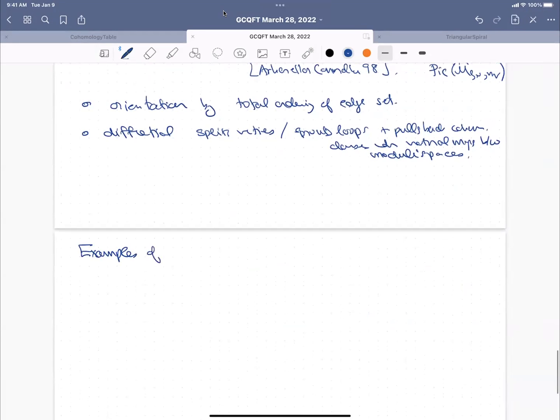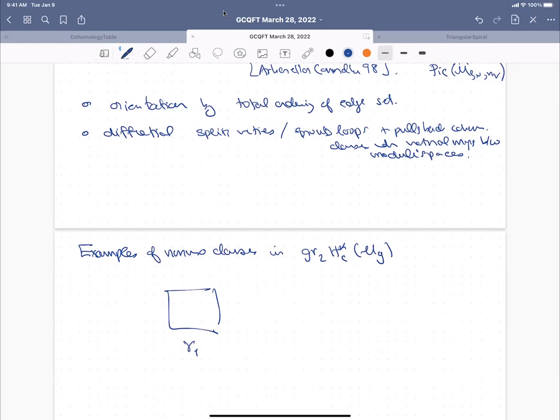So examples of non-zero classes in the weight 2 cohomology of M_g. So we have this wedge product.